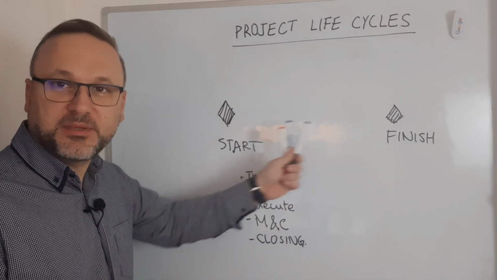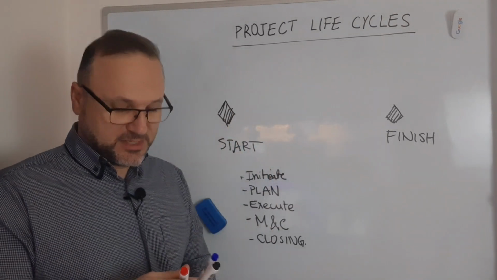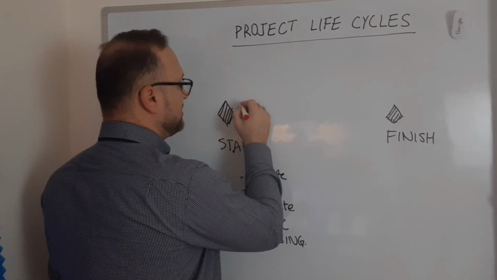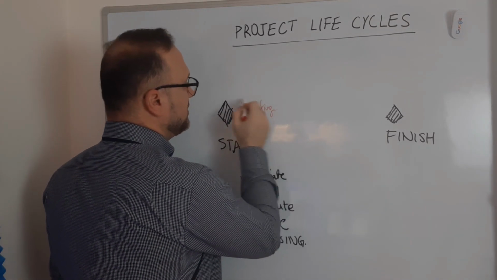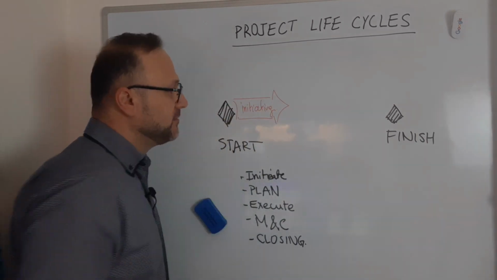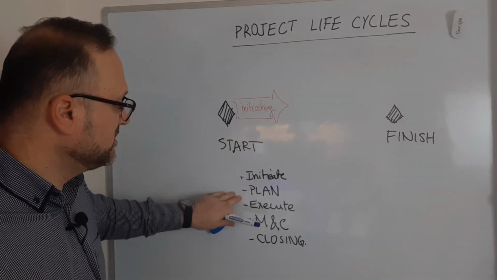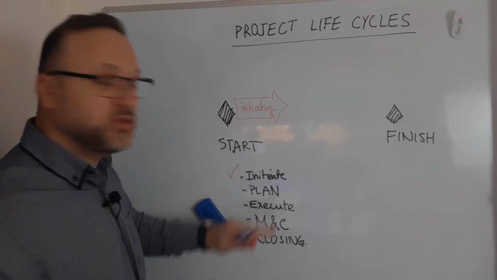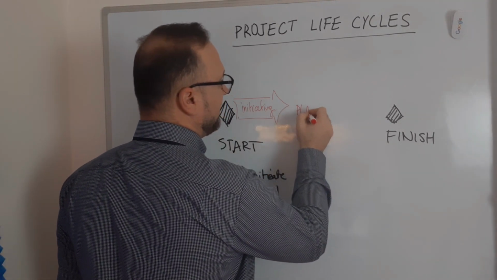So let's describe it here in the timeline. Once you start a project, you will start with initiating process groups. You initiate the project. Now, you need to plan, so you go to plan.